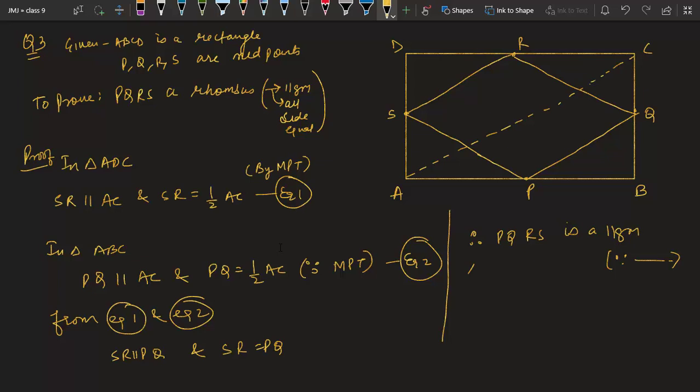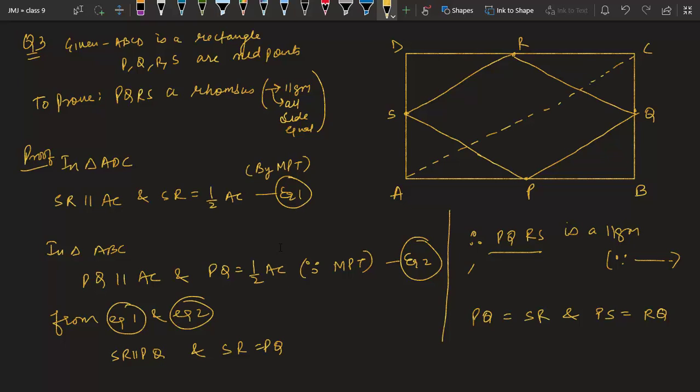What do you think? How will you prove all sides equal? Right now we know only two things, that as it is a parallelogram, PQ is equal to SR and PS is equal to RQ. Because we know in a parallelogram opposite sides are equal, but this is not enough.